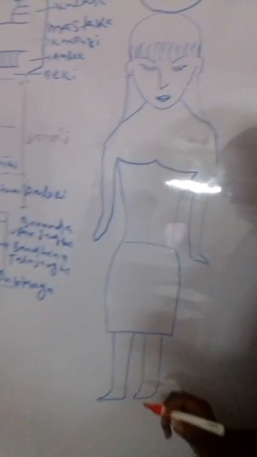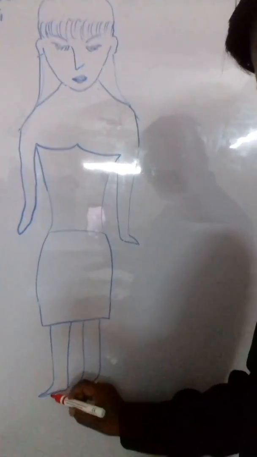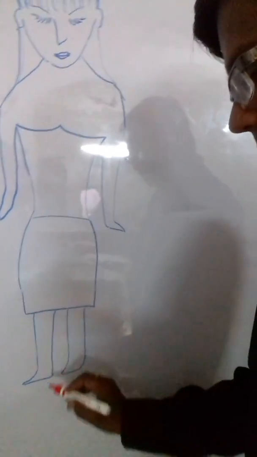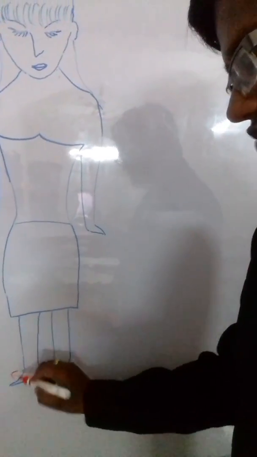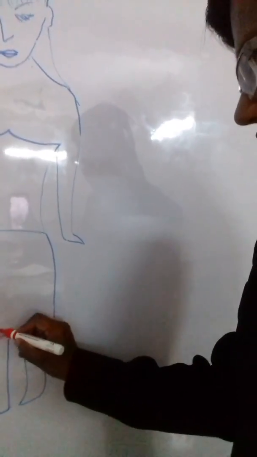This is one figure you see. This is the leg portion or the feet, and in Odia we say this is the pado. You simply understand this is pado, and this is the nail portion.